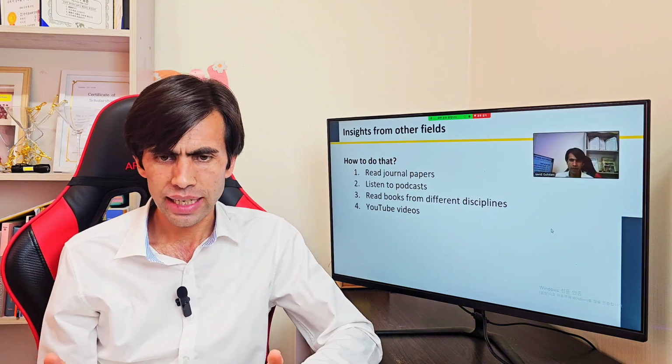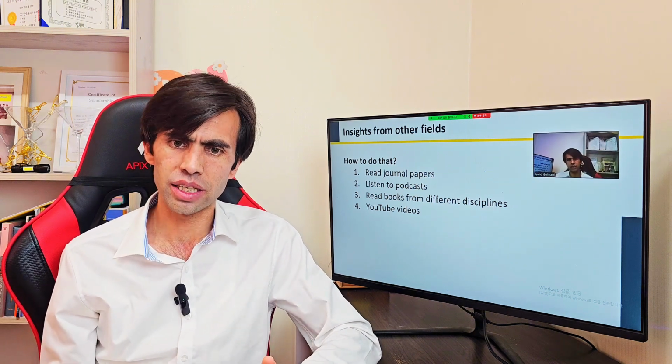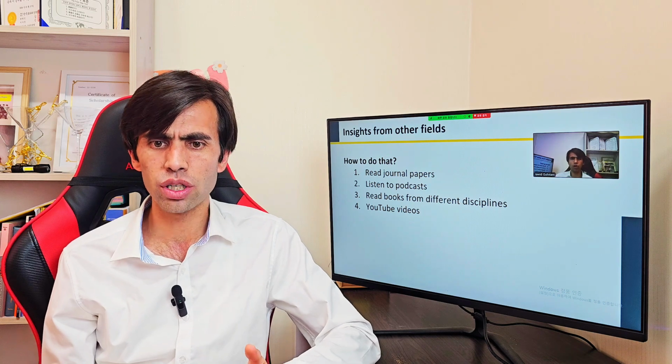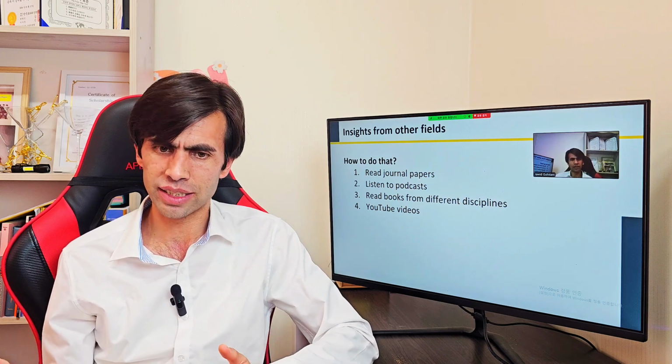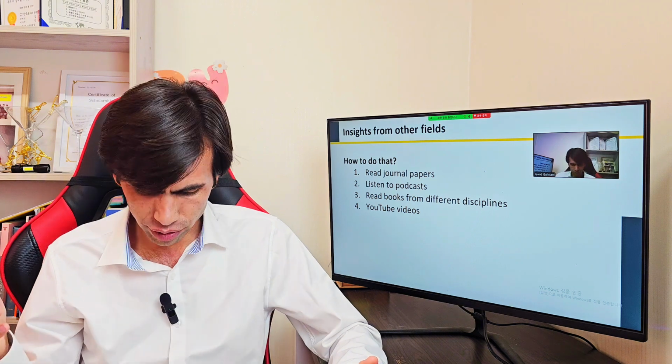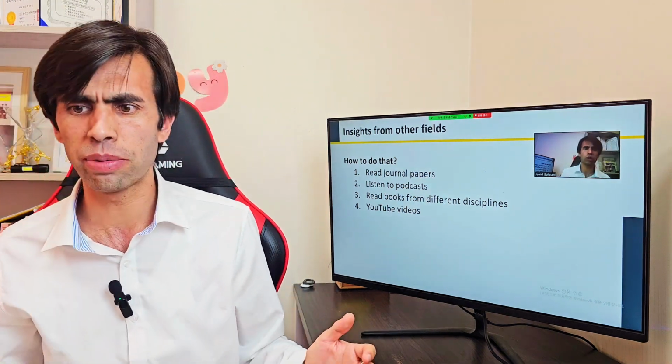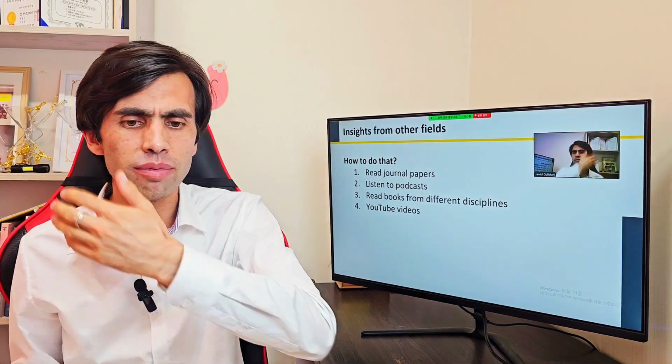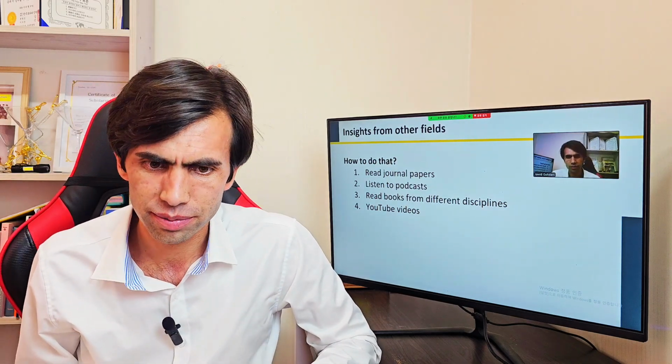The first: read journal papers, listen to podcasts, read books from different disciplines, and watch YouTube videos. If you don't have time to read journal papers related to other fields, listen to podcasts.